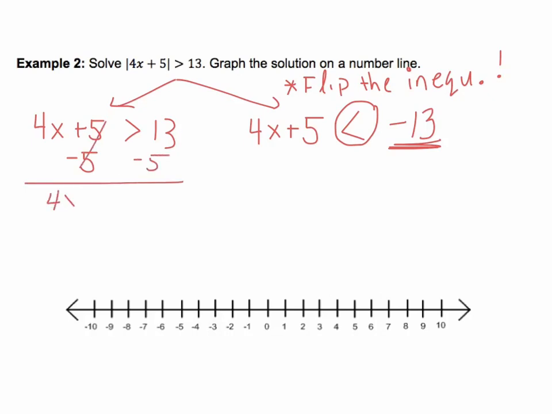So I have 4x is greater than 8. And then I would divide both sides by 4, and I get x is greater than 2. And then over here I would subtract 5 from both sides. Bring down my 4x and my less than symbol.